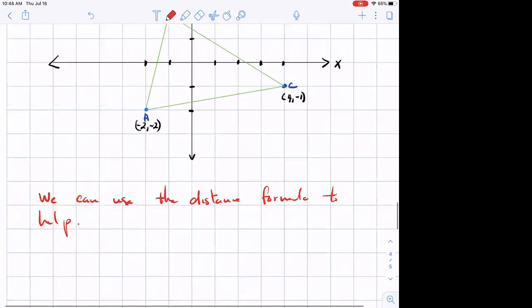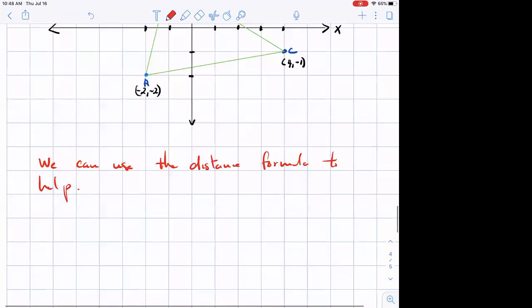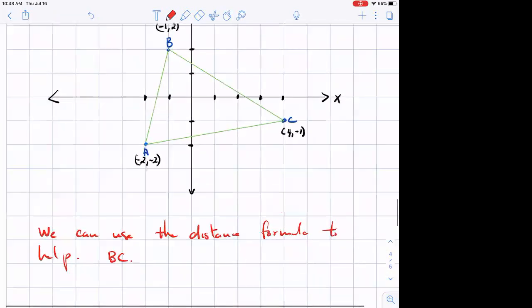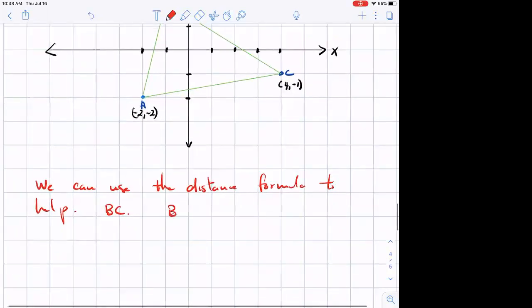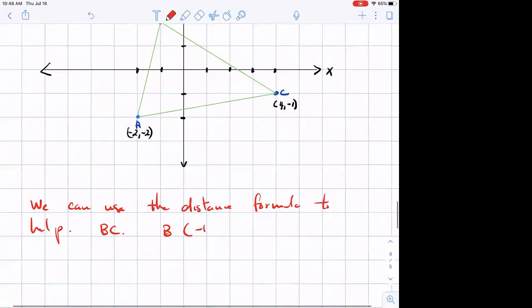You can find the distance between B and C, because you know the point B is the point -1, 2, and the point C is 4, -1.